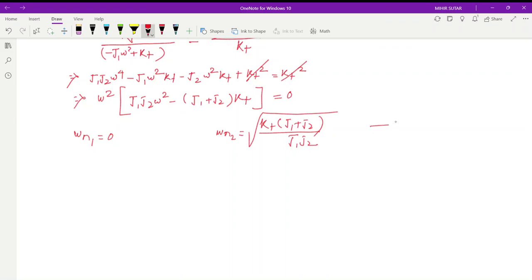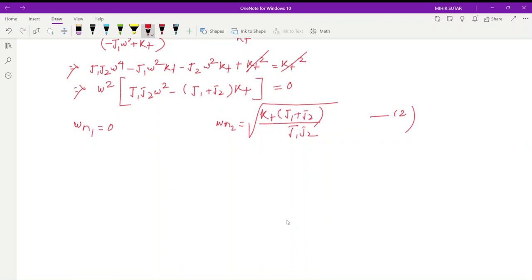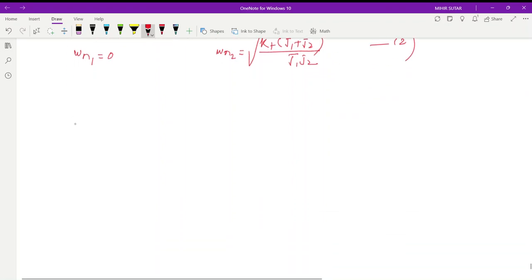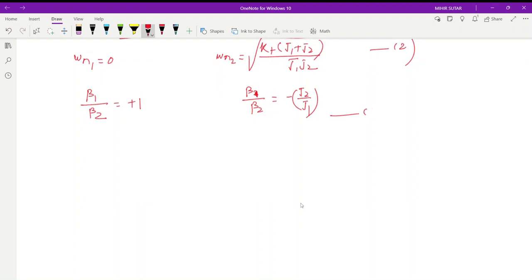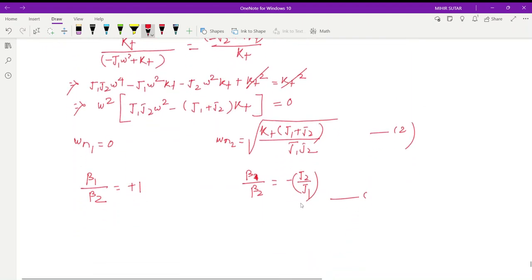Two sets of natural frequency we got, which give beta 1 by beta 2 as plus 1, and for the second mode, beta 1 by beta 2 is minus J2 by J1. This is equation 9 and this is equation 10.